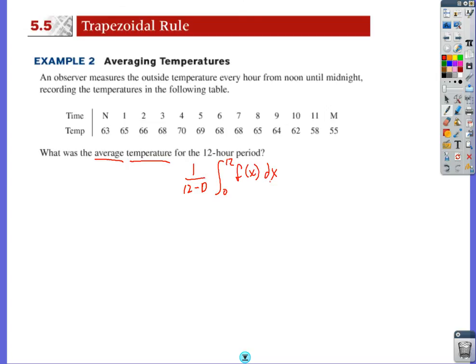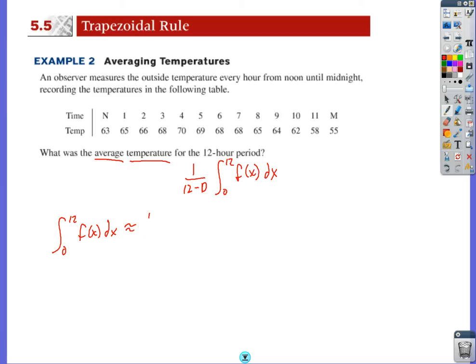Well, this integral of this function that they give me can be approximated using what I have here again, using the trapezoid rule. So what is that going to be? Again, what's my h? Each one of my heights is always uniform here. It's 1 over 2.